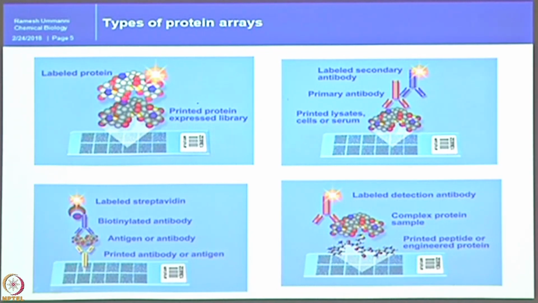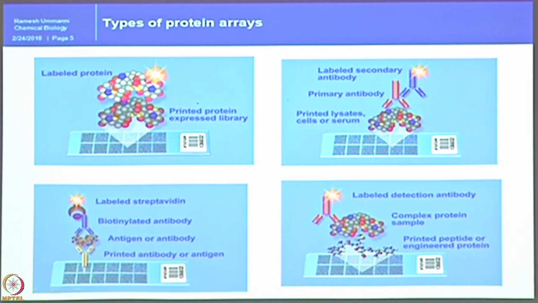When you wash, other proteins get washed away and those bound remain on the glass slide, and you can visualize them. So a labeled protein X bound to protein Y on the glass slide means they are interacting with each other. Then you can proceed to see whether this interaction has any physiological relevance in a disease or non-disease state.